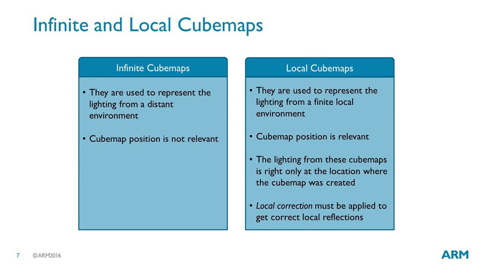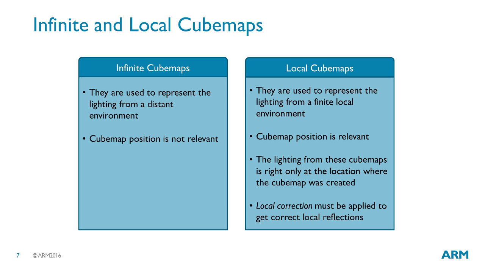But before showing that, I would like to just highlight the main difference between the infinite or standard cube maps and local cube maps. Infinite cube maps are good to represent the lighting from a distant environment, for example from the sky, in this case the sky boxes. For the infinite cube map, the position is not relevant.